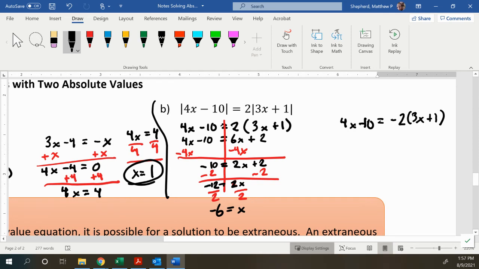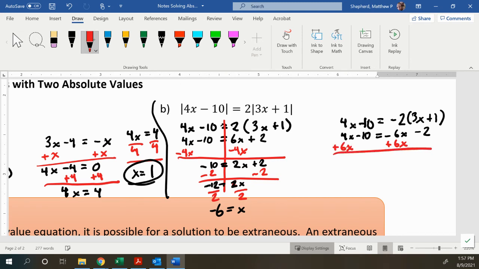All right, over here, similar first step, we're going to multiply that negative 2 through, so we'll have negative 6x minus 2. This time, since that's already lower than the negative 4, I'm going to eliminate this one.